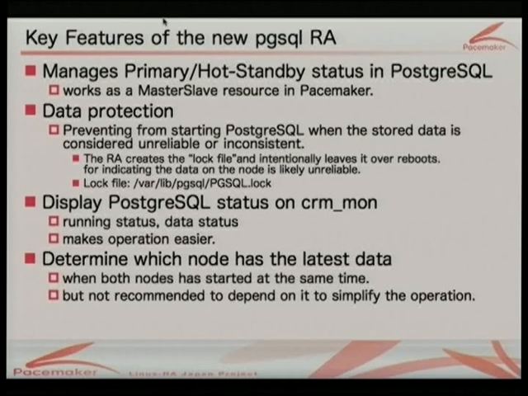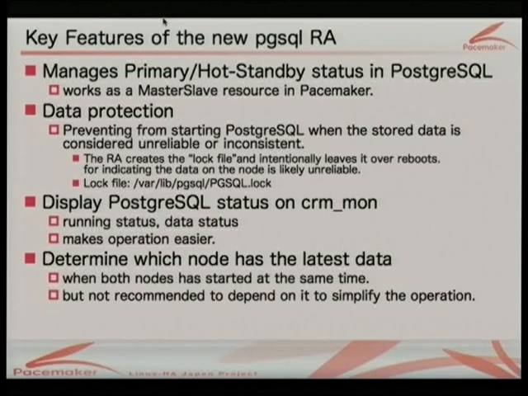And when that happens, the PostgreSQL agent creates a kind of lock file. So if you find this file, that node's data may be outdated, meaning there is some inconsistency there, so you can make sure what's wrong.